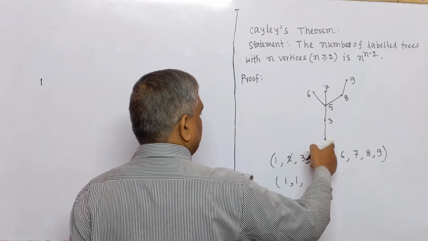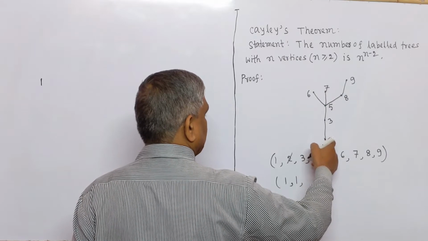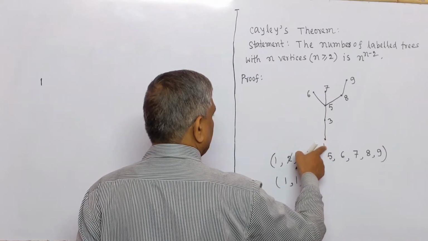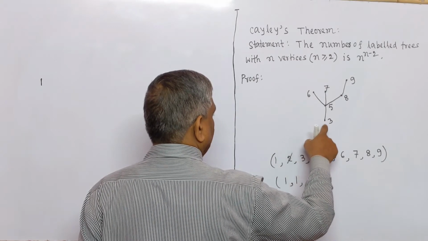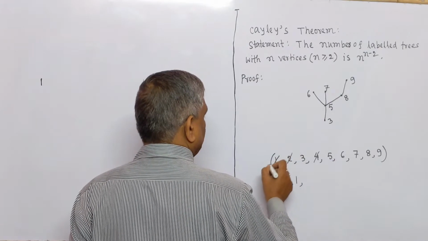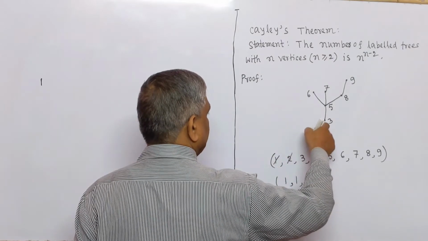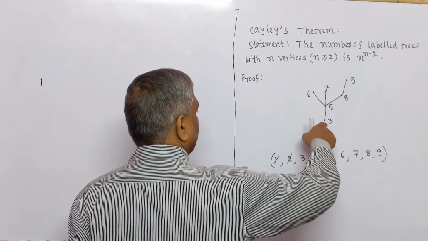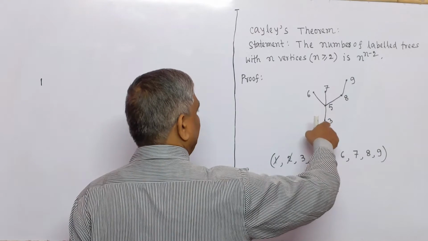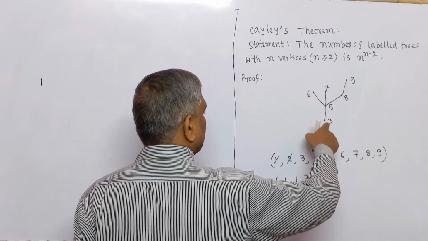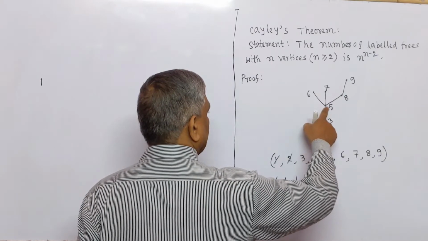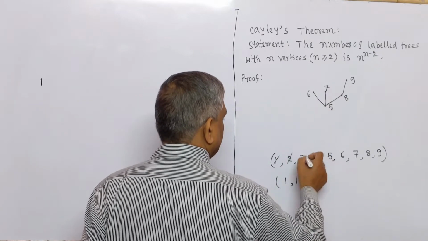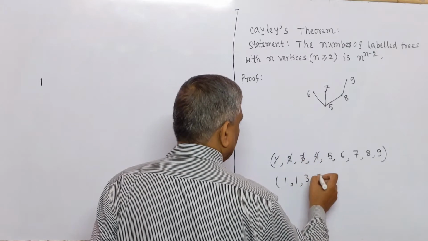Now, the smallest label pendant vertex is 1, we delete this, and we also cancel this. The adjacent vertex is 3, we write 3. Now, the smallest label pendant vertex is 3, we delete this, and we write the adjacent vertex 5. Here we cancel 3, here we write 5.